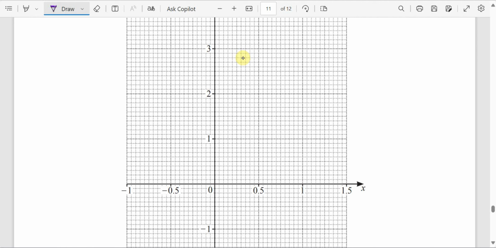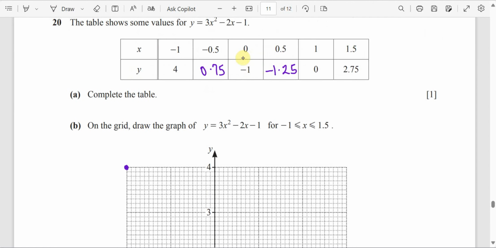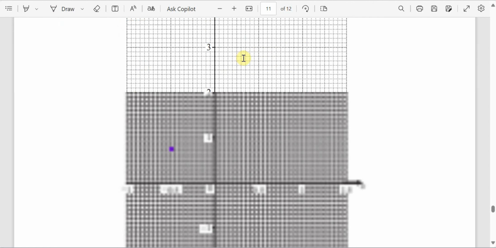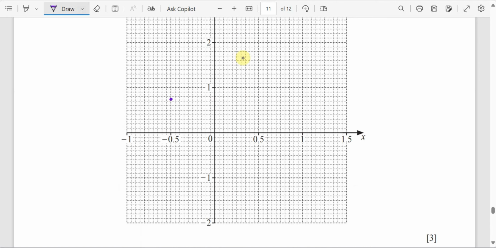So let's check. This is 0.1, 0.2, 0.3, 0.4, 0.5, 0.6, 0.7. So 0.75 would be somewhere around there. Then let's see. When x is 0, y is minus 1.